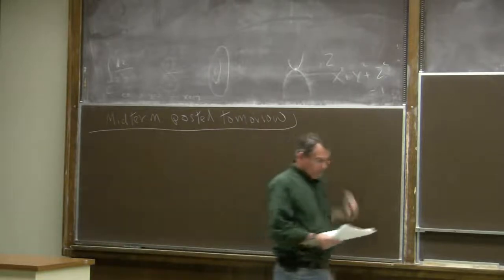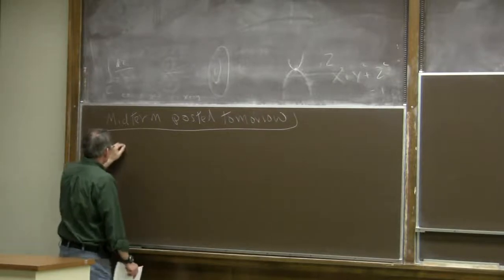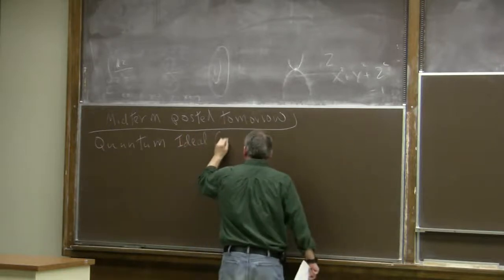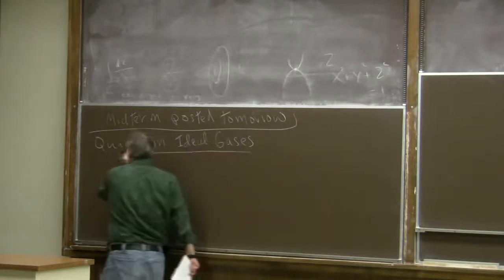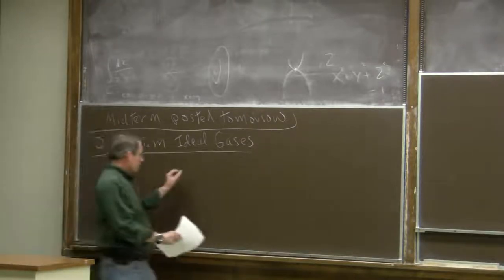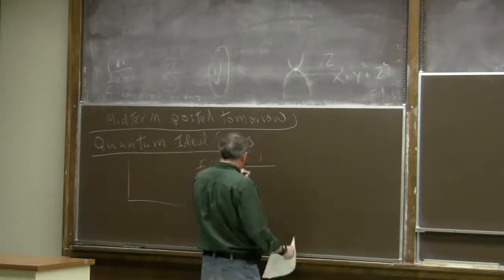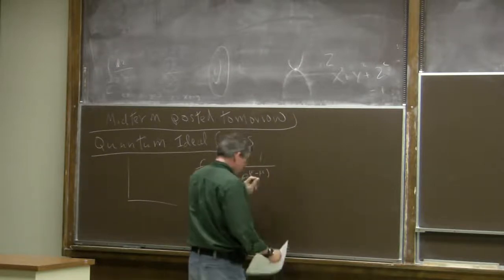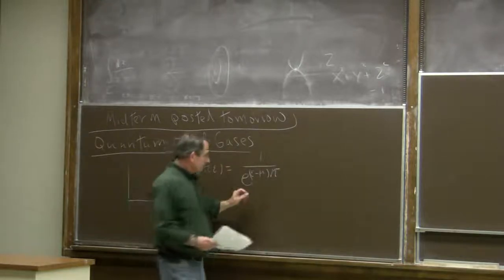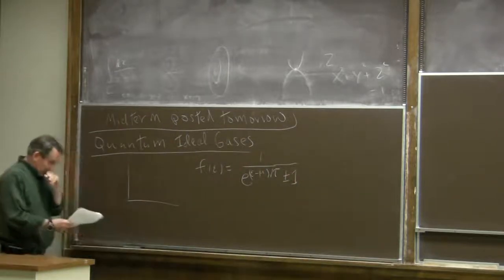We were talking about quantum ideal gases, which we analyze using the Fermi-Dirac and Bose-Einstein distribution functions, which tell us the expected number of particles in an orbital with energy E when the chemical potential is mu and the temperature is tau.